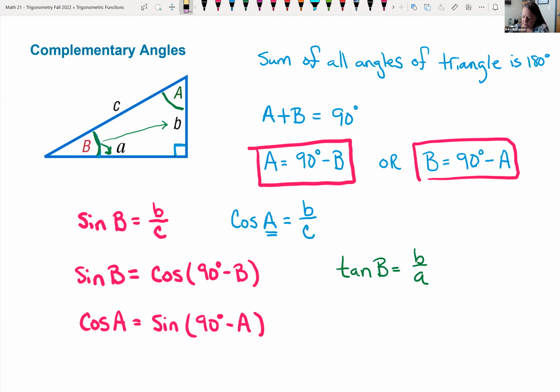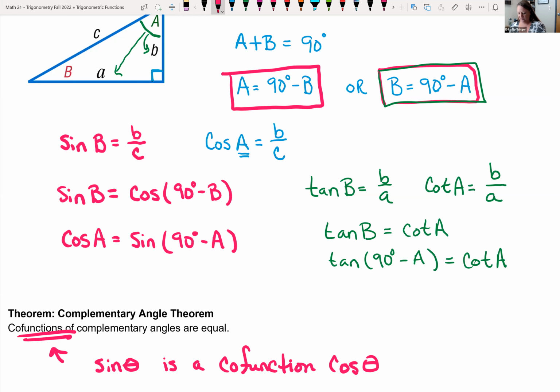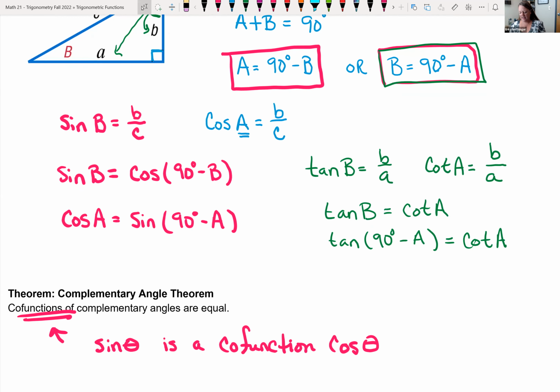Okay, so the complementary angle theorem says cofunctions of complementary angles are equal. So sine theta is a cofunction of cosine theta. Tangent theta is a cofunction of cotangent theta.